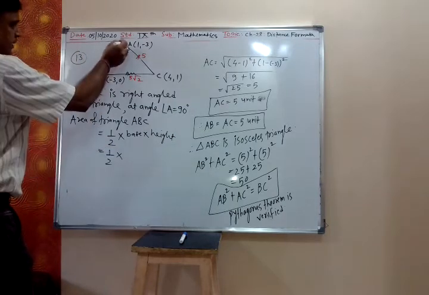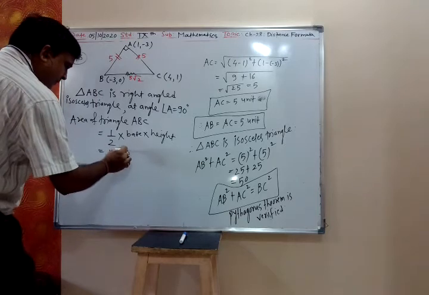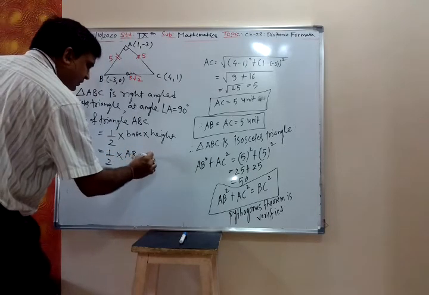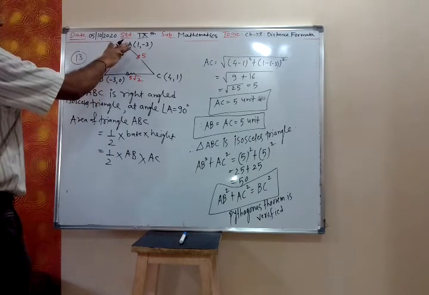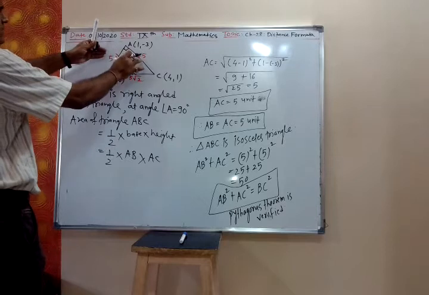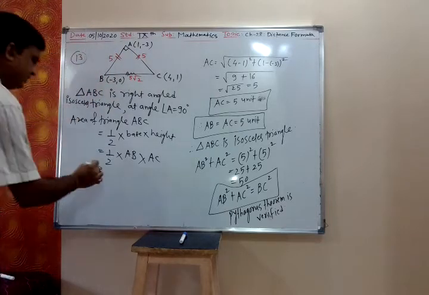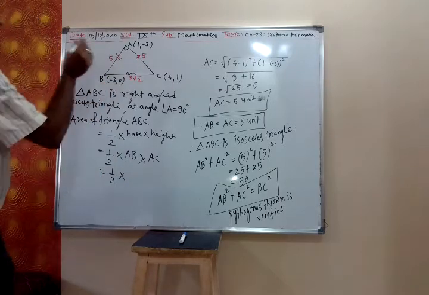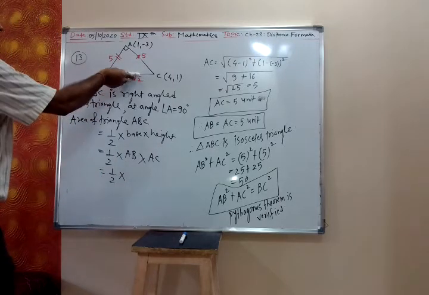Half into base is my AB, and height is AC. Wherever the perpendicular meets, this is my base and this is my height. We are not interested in BC because BC is the hypotenuse.